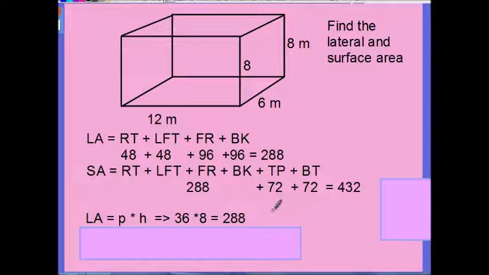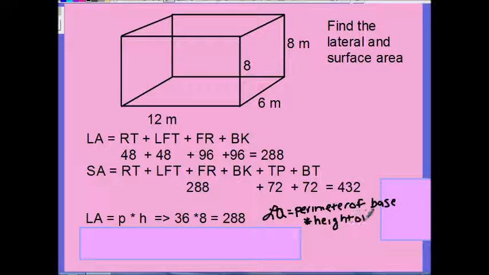So lateral area is the perimeter of the base times the height of the prism, where height of the prism refers to the distance between the bases.